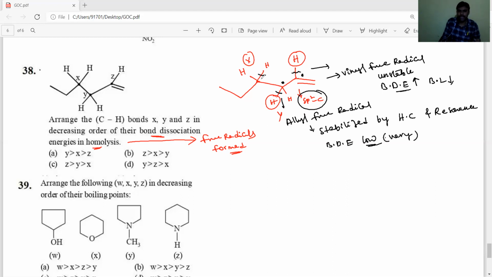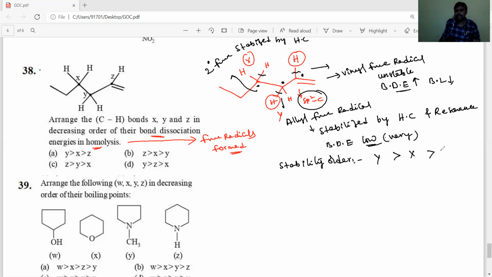Now, if you are breaking this, then it is a secondary free radical, stabilized by hyperconjugation. That's why the stability order of the given free radicals is Y is more stable than X and then Z. So this is Z they give.